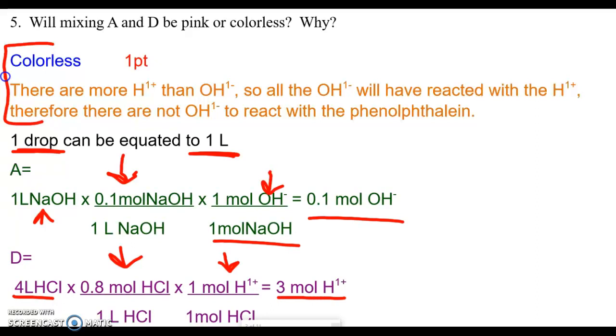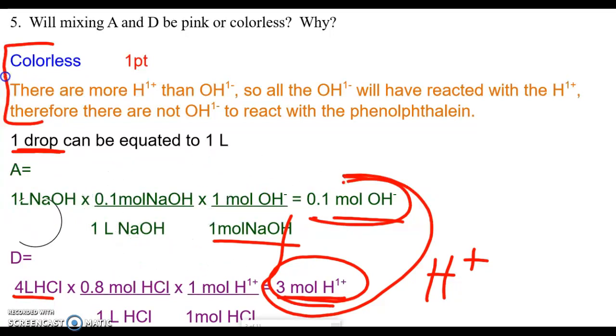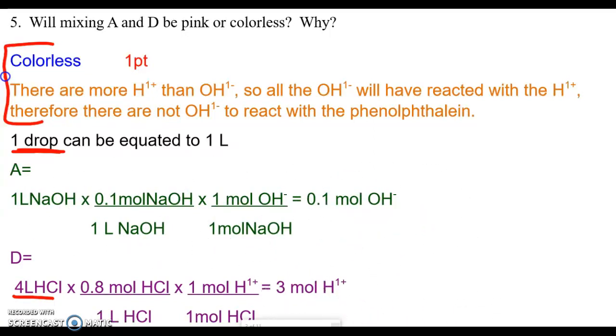So if I compare these two numbers, I have 3 moles of hydrogen ion to 0.1 moles of hydroxide ion, well, I got a lot more hydrogen ion, and therefore this solution will remain colorless. So please do pause the video, take a look at that math, make sure you understand it. It's kind of key to what we'll be doing in this unit.